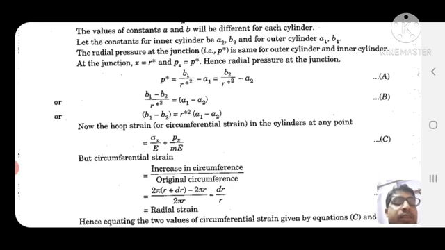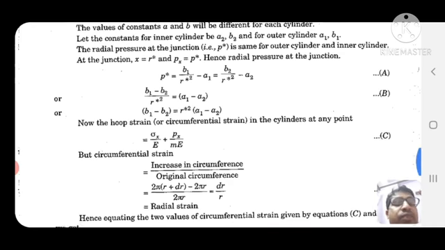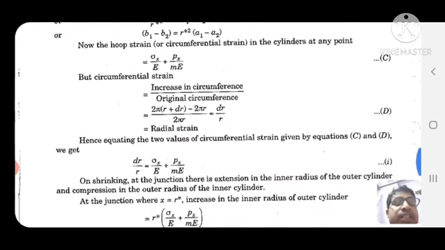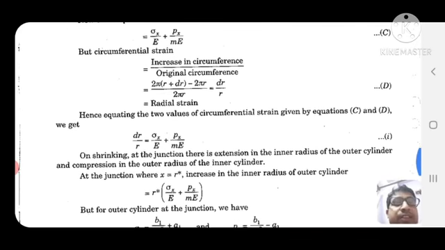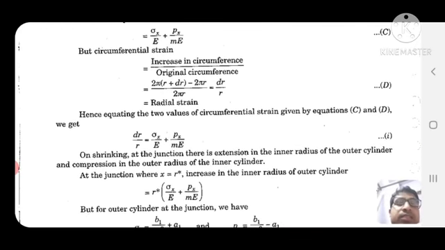Now, the hoop strain or circumferential strain in the cylinders at any point is sigma x by E minus P_x by m E. But circumferential strain is increase in circumference divided by original circumference, 2 pi (r plus dr) minus 2 pi r divided by 2 pi r, that is dr by r, that is the radial strain.